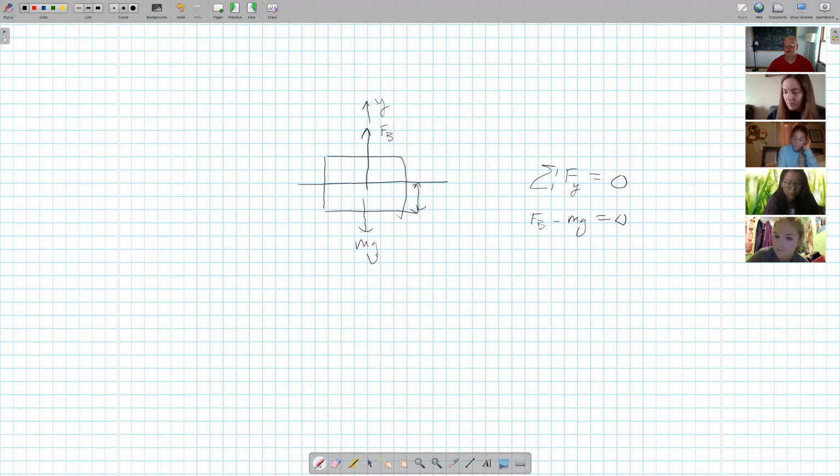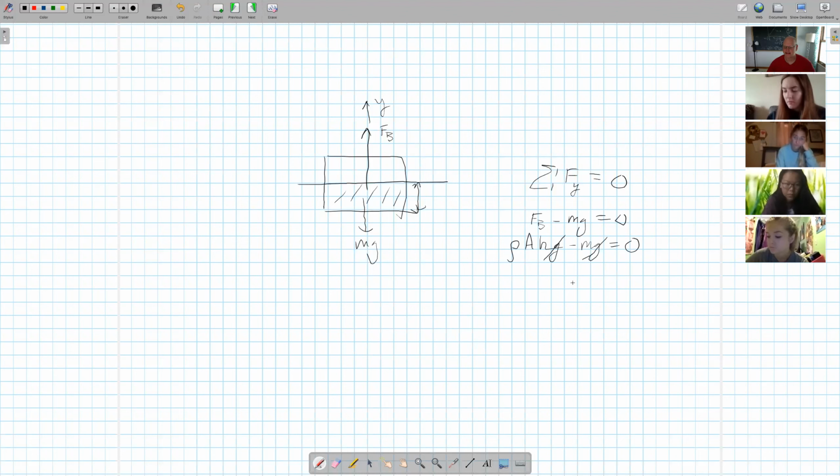Buoyant force we know is equal to the density of the fluid times the volume of the fluid which is being submerged, which is this amount. So it's going to be equal to rho times the cross-sectional area A times the height H times g, minus mg, equal to 0. Now this g is the same as that g, so we can cancel those out.